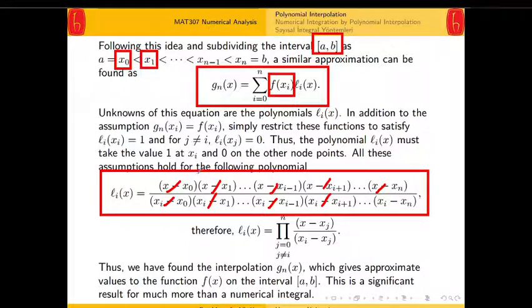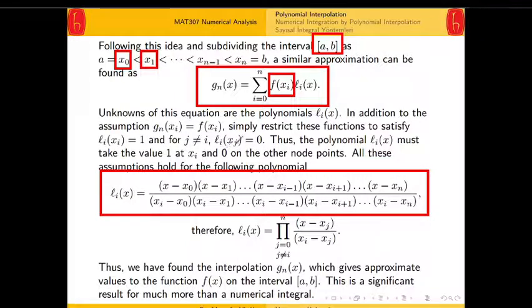So Li(xi) will be equal to 1. If we consider xj, for example, and if we substitute xj here, j is not equal to i, then since we subtract all the xj values from x, there will be some term x minus xj on the top, so this will make it 0, and multiplying anything with 0 will be equal to 0.